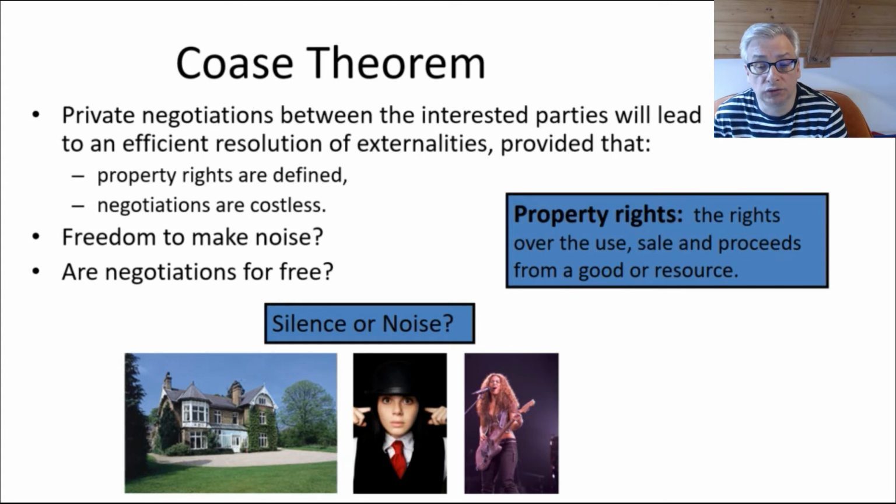Scenario A2. Let's imagine that negotiations are not costless anymore. Let's involve a lawyer. If the lawyer is involved and he charges 50 for negotiations between Dr. Jekyll and Mr. Hyde, then it is still possible to get the solution.